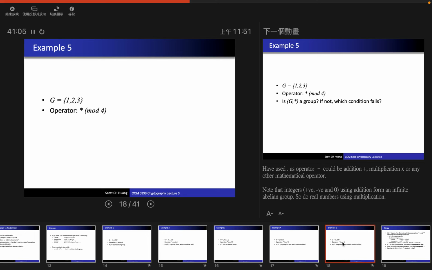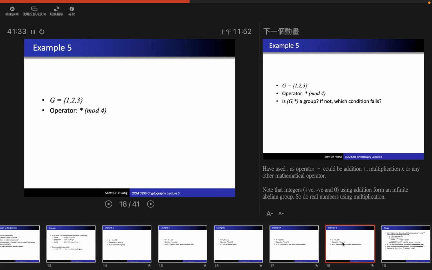G is 1, 2, 3, and then the operator is mod 4. Is this a group? Mod 4. In this case, let's take a look at 2. 2 times 2 is equal to 0. It also goes out of bound. So G0 fails.